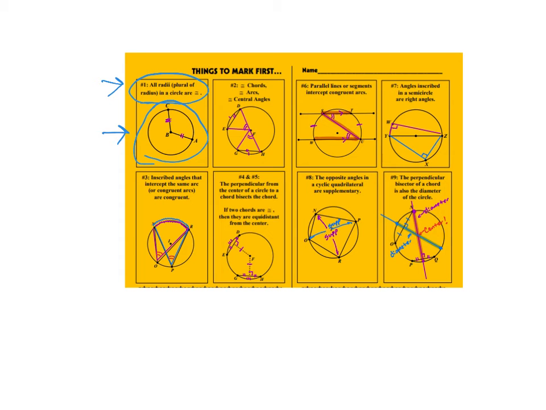And then you should practice it in reverse also. Look at the picture first, and say, well, what it's showing me is that if we have multiple radii marked off, then they're all congruent. And then flip over and make sure that you've done that correctly. Okay? All 9 of those things are going to be key and important going forward.